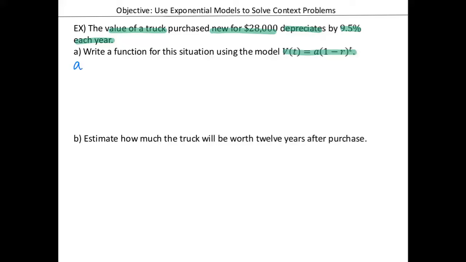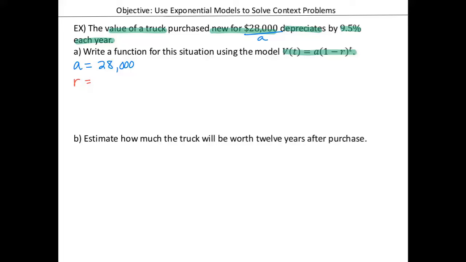But I still need to know what's a and r. So my a value is still the initial. So how much is the truck new? 28,000. So 28,000 is my a value. That's how much it's worth brand new. Then my r is still the rate, but this time it's decreasing. So what's the rate of decrease?